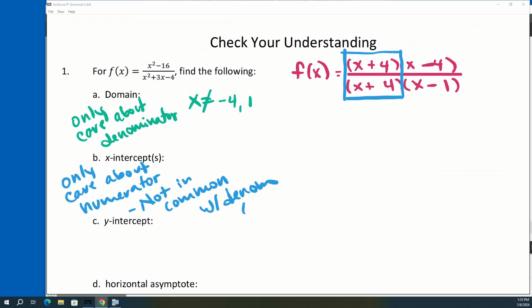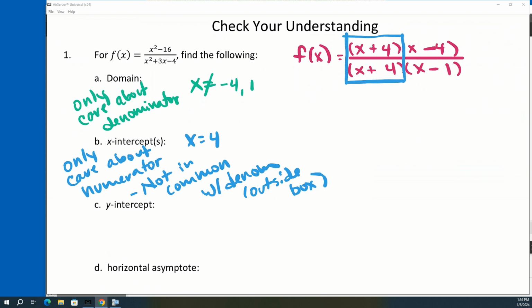So when I say not in common, we're talking about outside the box. Outside the box on the top. And then we're going to do just like we did with the domain, except we're not going to have not equal to. It's going to be the opposite. So what do you guys think the x-intercept is going to be? 4. So outside the box and do the opposite on the top. It's a lot to remember, I know.